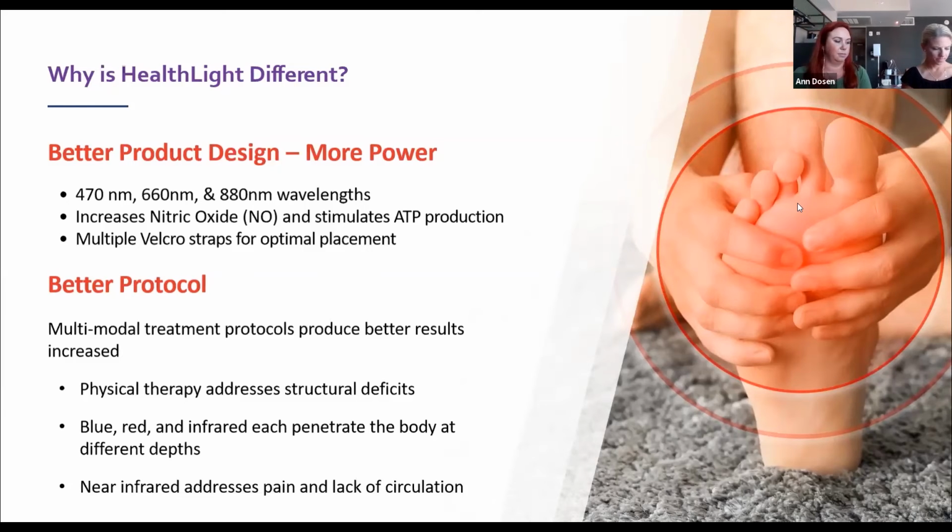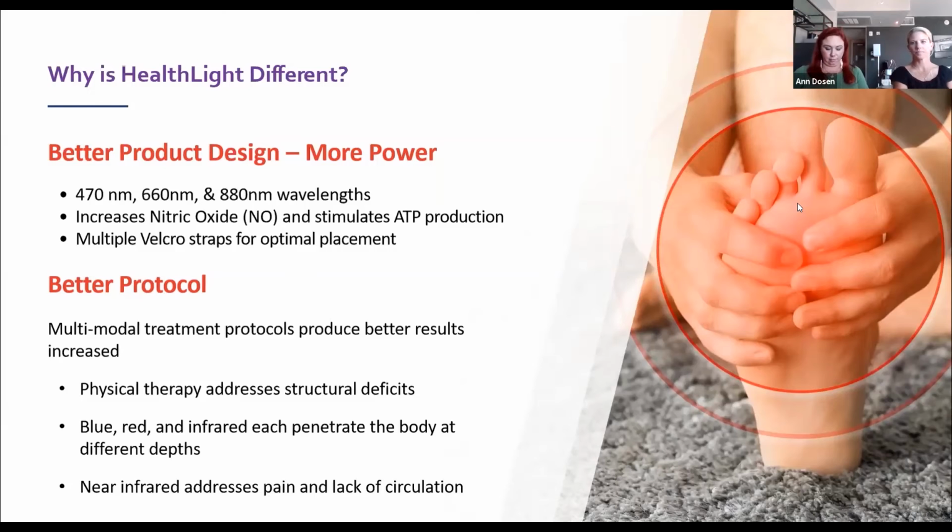And we understand there are better protocols, and that combining together some of those treatments like physical therapy or nutrition or laser or PMF, et cetera, into a treatment package is going to get the best result for your patients. It's going to get them to understand what you're trying to accomplish.